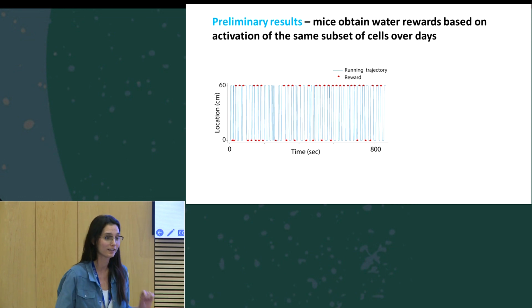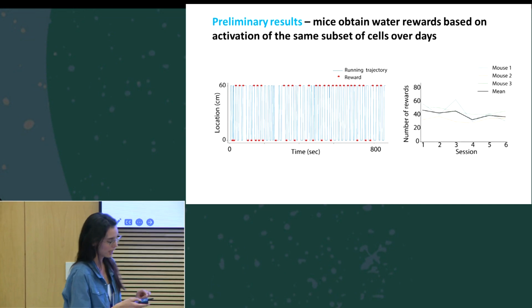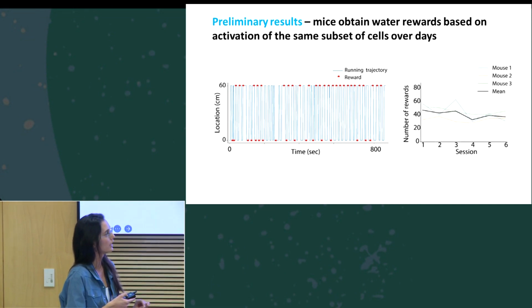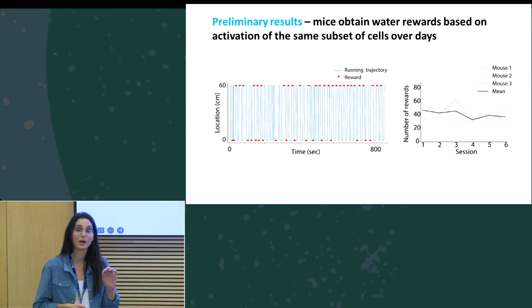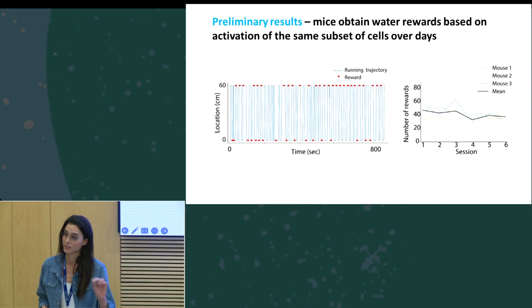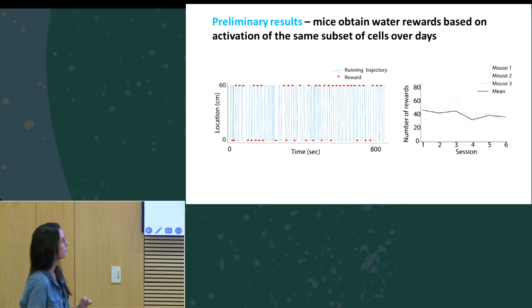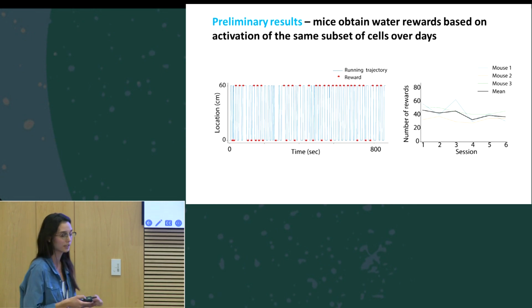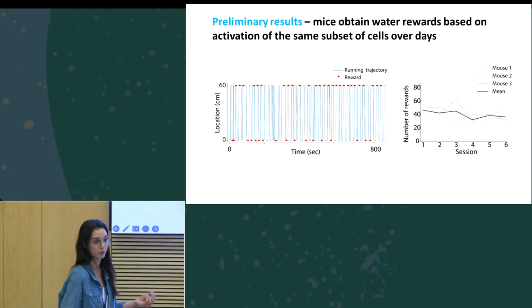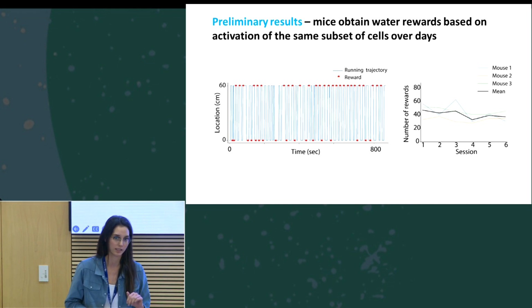But not only that, when we look at the amount of reward in 6 recording session days, and to remind you, we are using the same set of cells across all of these days, the three mice managed to maintain a rather stable amount of rewards across these days.